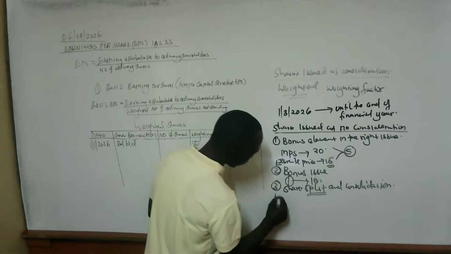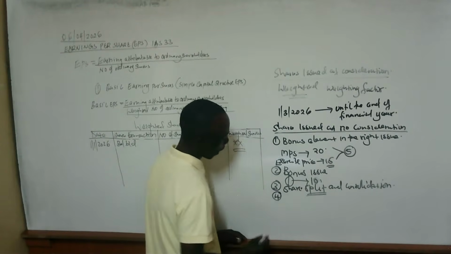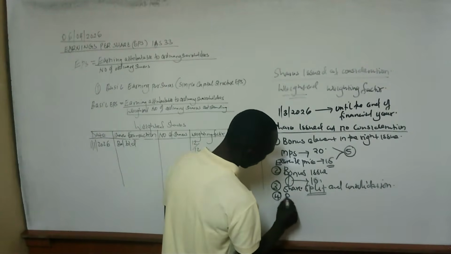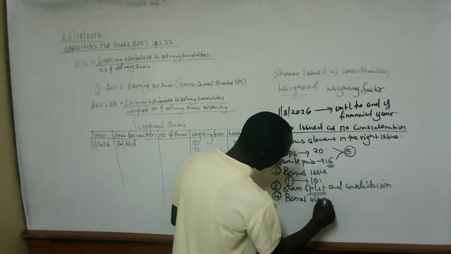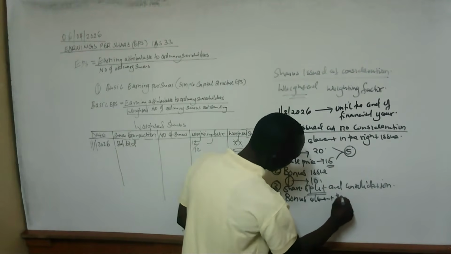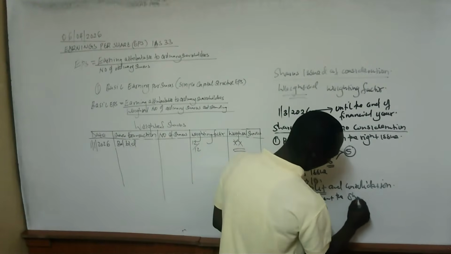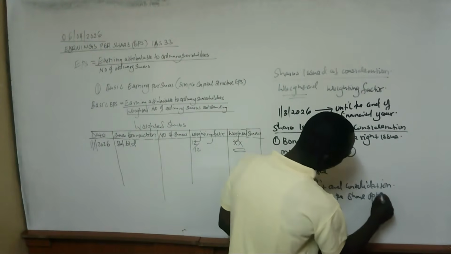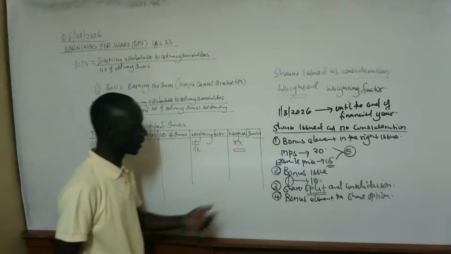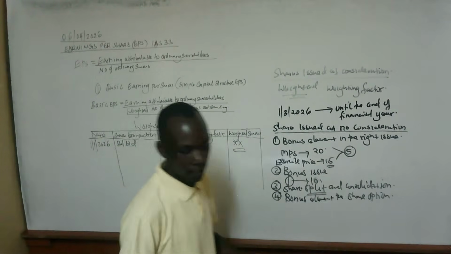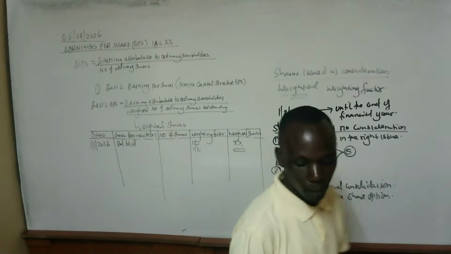So these shares, which are either split or consolidated, again, they are not weighted. And also we can talk about what we call the bonus element in the share option. The bonus element in the share option, again, in this case, is never weighted.